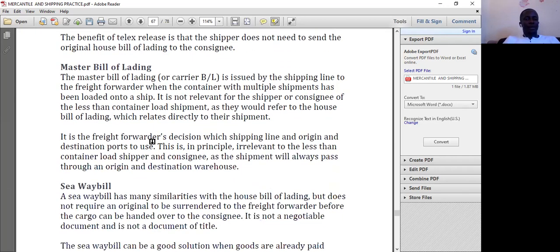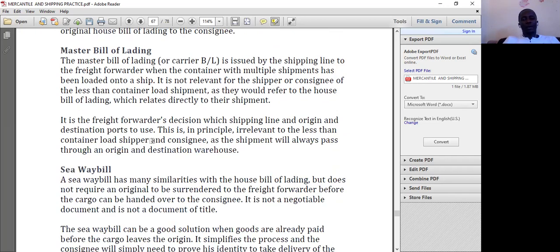Then the master BL. The master BL is issued by the shipping line to the freight forwarder. This comes about when the freight forwarders approach the shipping line saying they need space, and the shipping line sells them the space. After that, they come back to the shippers, who are normally shippers with small consignments which cannot make a full container load.